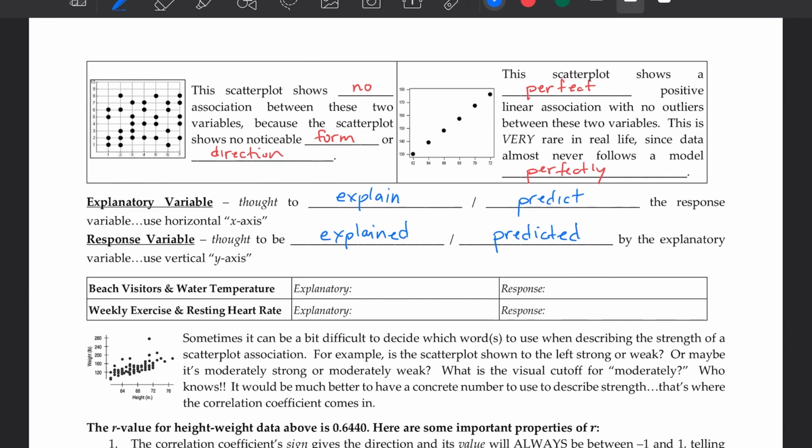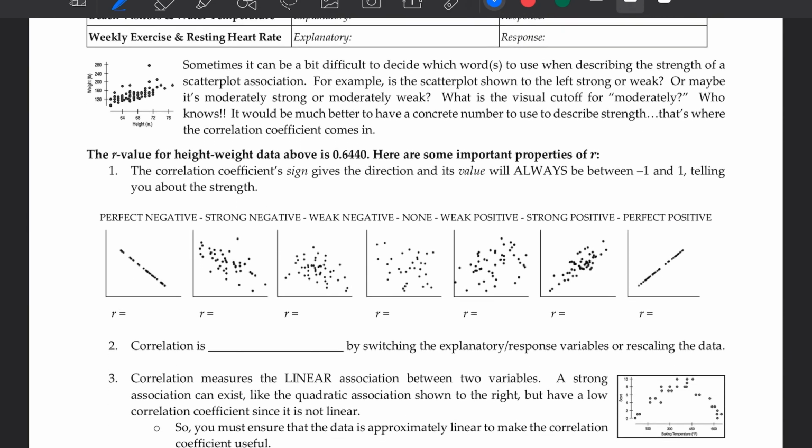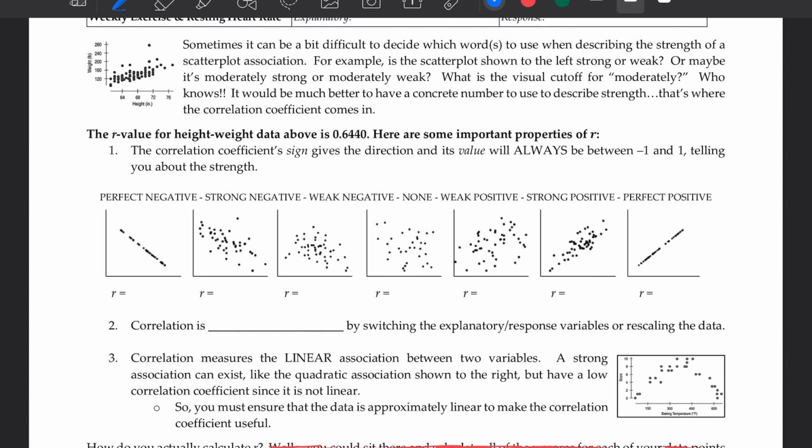Now, the last thing we're going to hit on here is a way to determine what our strength is, okay? I don't know if you noticed, but on the front side, all of those descriptors can be subjective, especially the strength one. The strength one I feel has the most subjectiveness to it all.